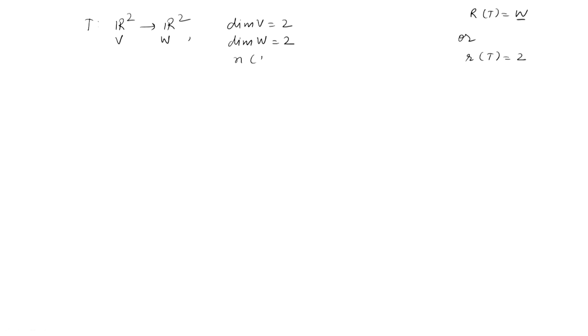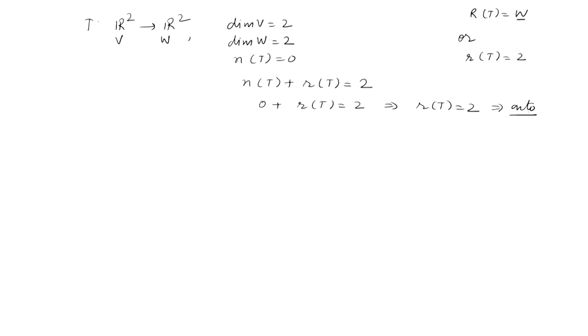If it is 1 to 1, that means the nullity of T is 0. By the rank-nullity theorem, nullity plus rank of T will be the dimension of V, which is 2, and 0 plus rank of T is equal to 2. This implies the rank of T is 2, that means it is onto. So, yes, it is true.